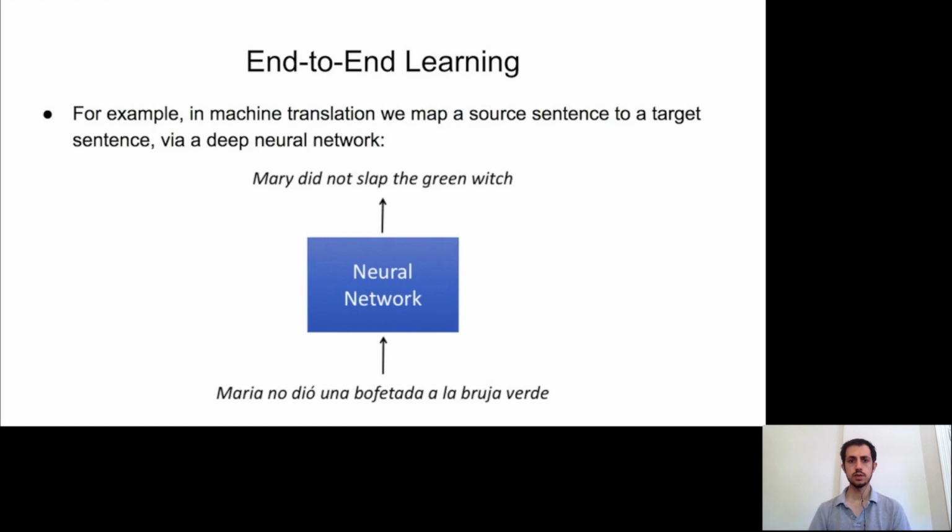For example, in the machine translation task, we have a source sentence, such as this Spanish sentence, Maria no dio una bofetada a la bruja verde, and we'll try to translate it or map it to a target sentence, Mary did not slap the green witch, via some deep neural network.